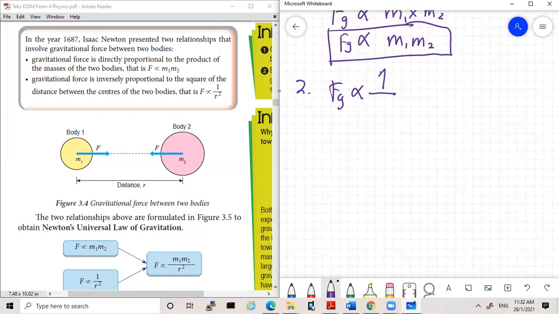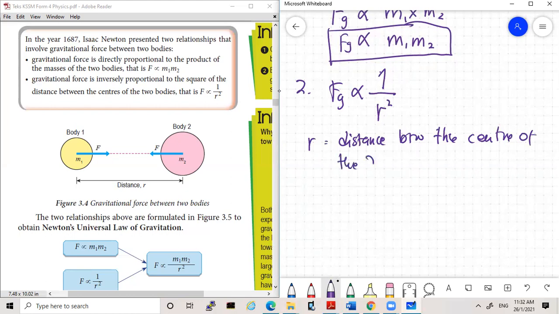To R squared. What is R? R is the distance between the centers of the two bodies.